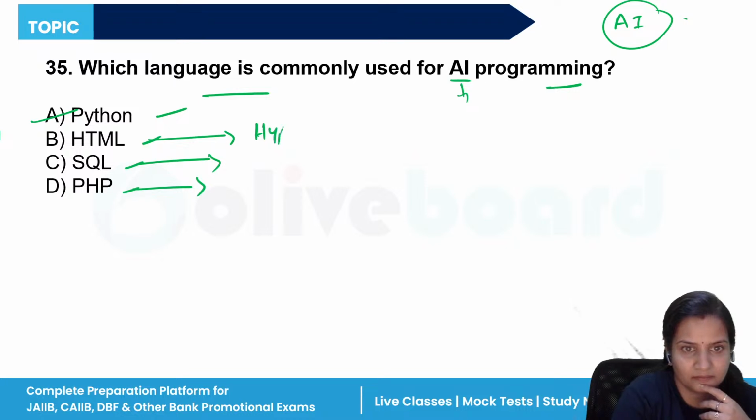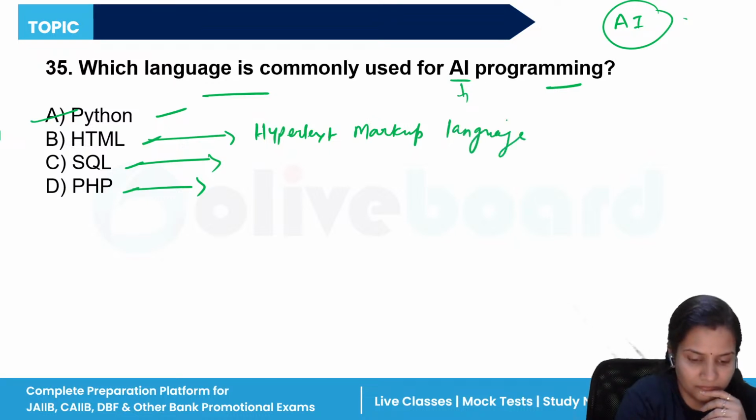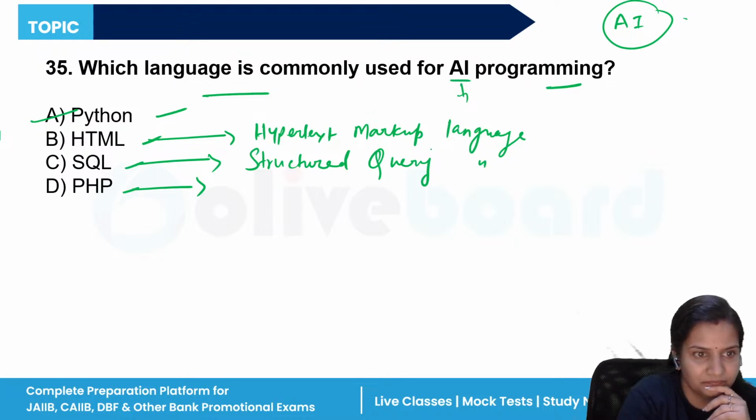Correct. Hypertext Markup Language. Next, SQL. It is Structured Query Language.